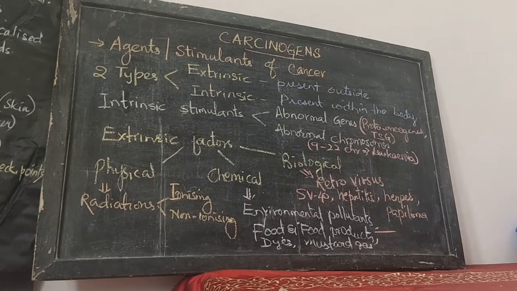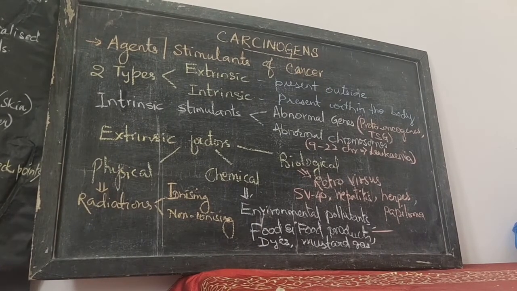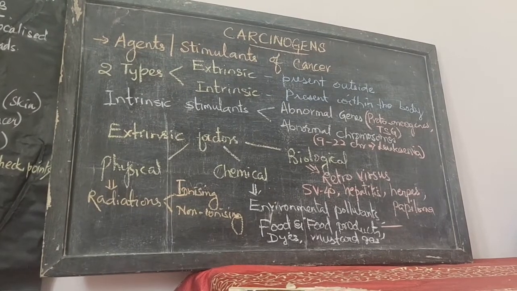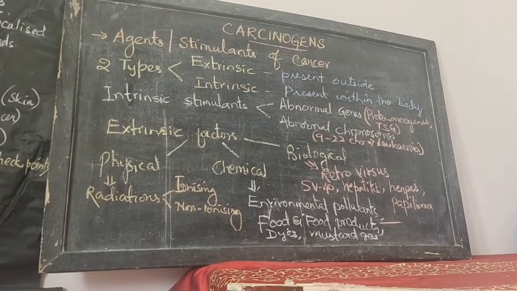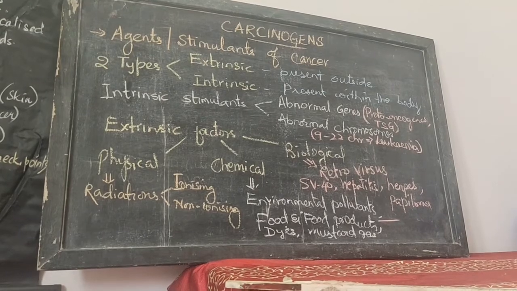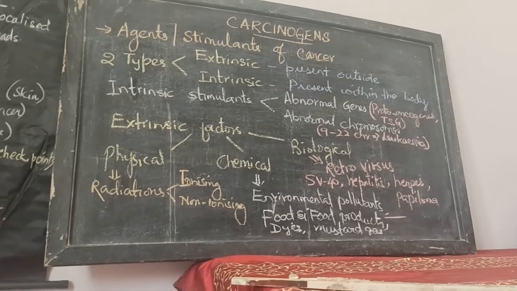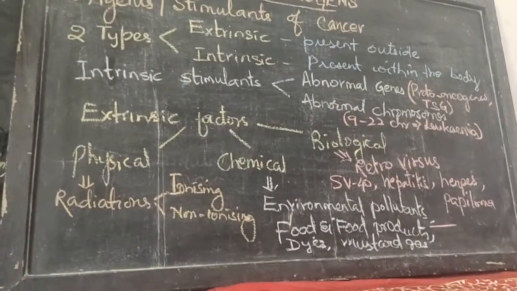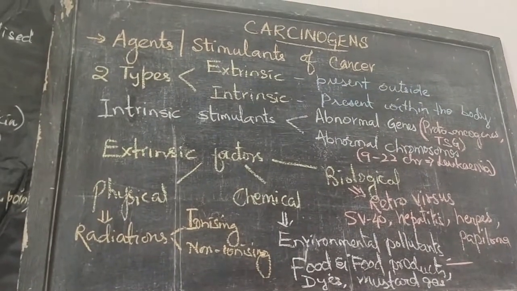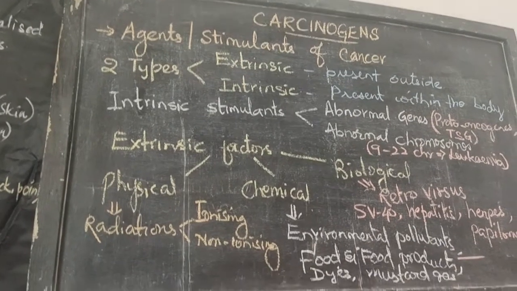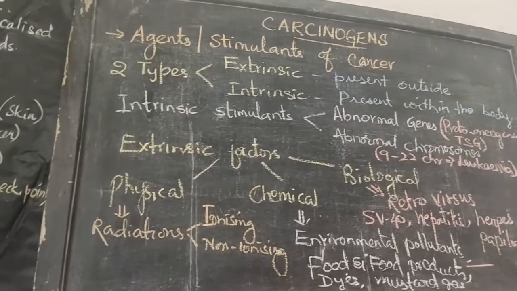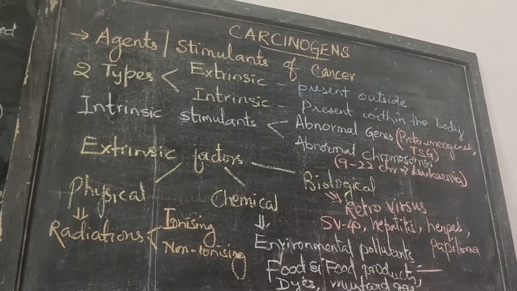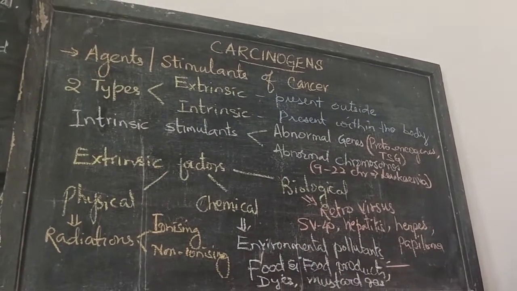Retroviruses have RNA as the genetic material, which upon entry into the DNA group of cells will produce an enzyme called reverse transcriptase and convert the RNA into DNA. So retroviruses are capable of converting their RNA into DNA in the host cell, such as human beings, and induce cancer.